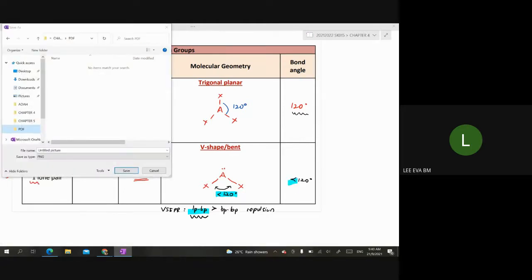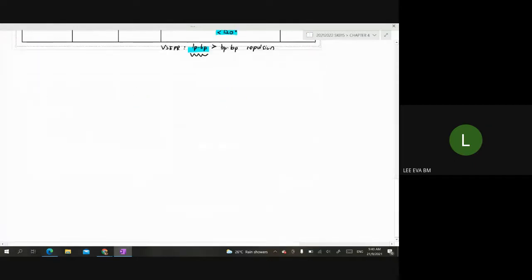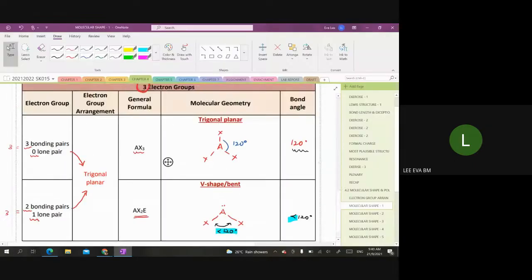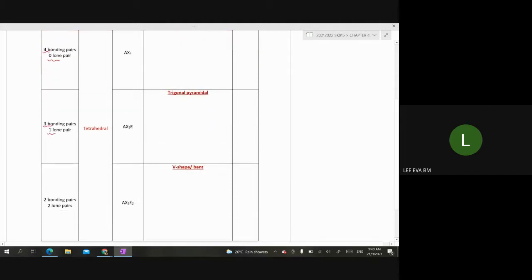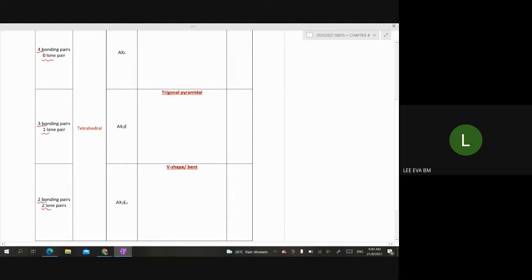Okay. So we proceed to another category, which is group 4, 4 electron groups. So for 4 electron groups, we can have a combination of 4 bonding pair with no lone pair, 3 bonding pair with 1 lone pair, or 2 bonding pair with 2 lone pair. All together give you 4 electron groups.